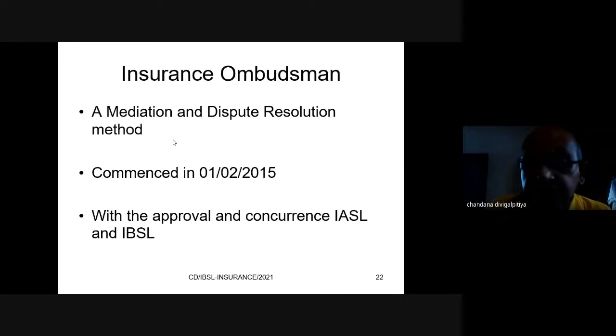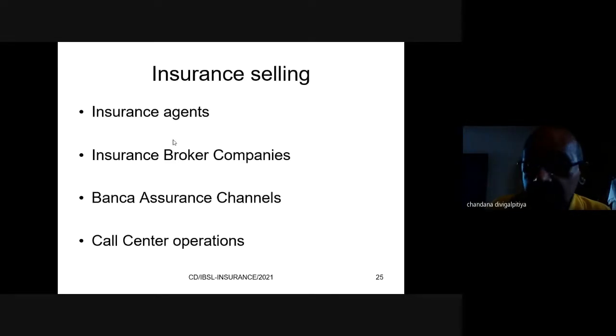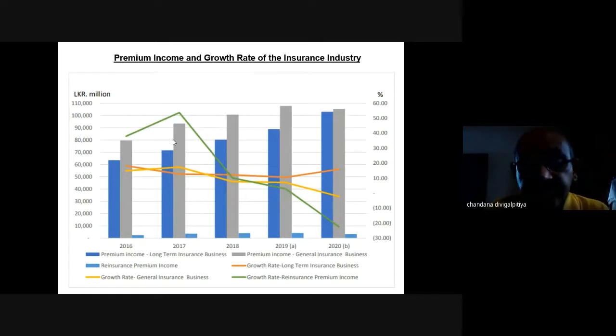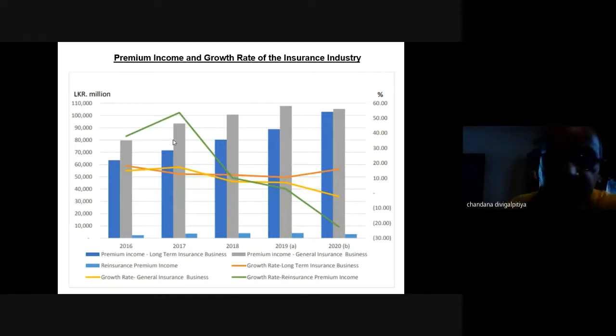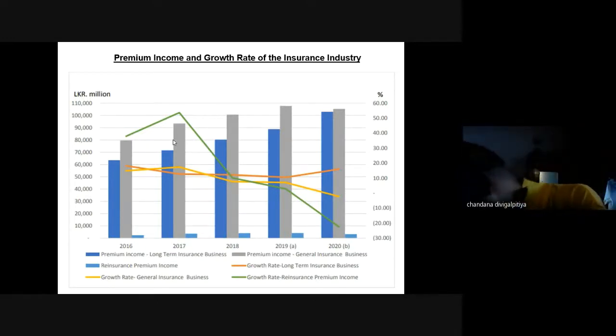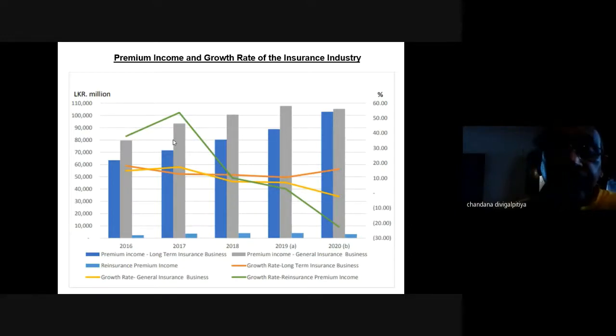So ombudsman, arbitration, and these are some of the figures which I got from the IRCSL 2020 latest strategic review report, which is available on the website. And now with this chart, you can see the premium income and growth rate of the insurance industry. Right? Long term means life insurance companies. General insurance means things like motor and fire.